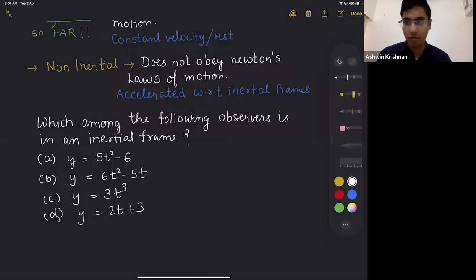All right, so let me raise a poll for all of you. Very quickly, tell me what is the answer for this. I've given you the displacement of four observers. You have to tell me which of those observers is in an inertial frame. So look at the definition of inertial and non-inertial. Okay, I can see around 30 of you have answered.